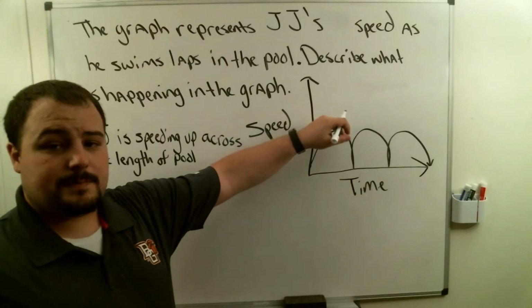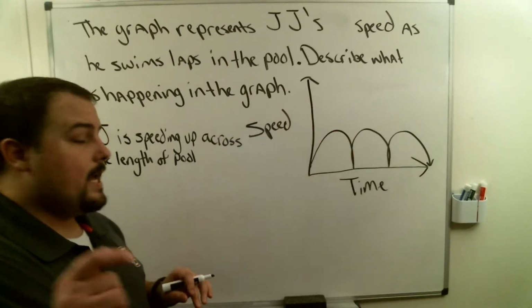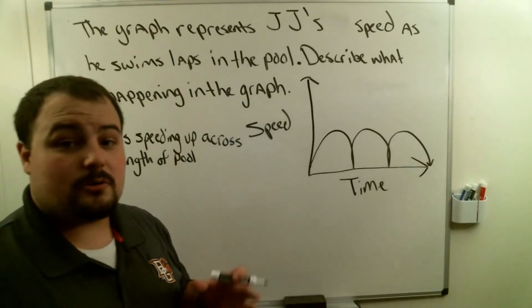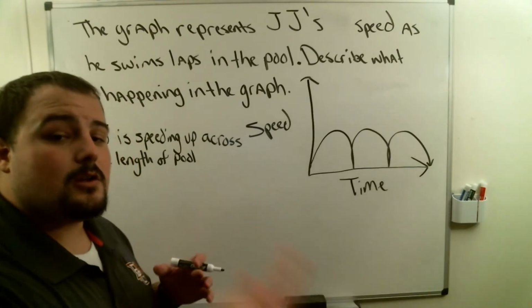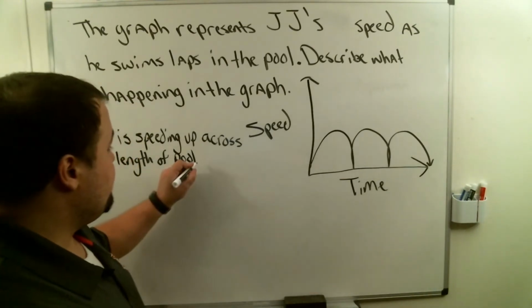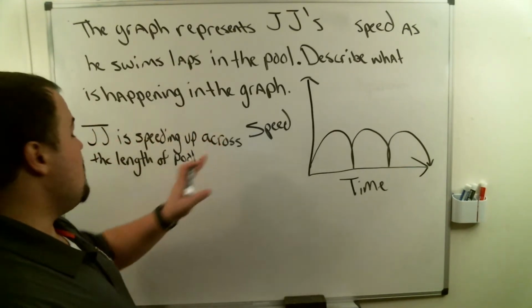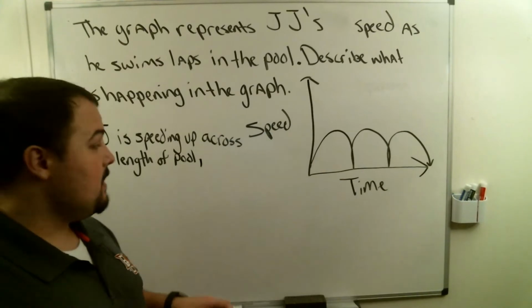Why would the speed be going down though? As he gets close to the side, he doesn't want to go too fast because he doesn't want to run into the wall, so he's going to slow himself down before he gets to the wall. So the speed is increasing as he goes across the length of the pool.